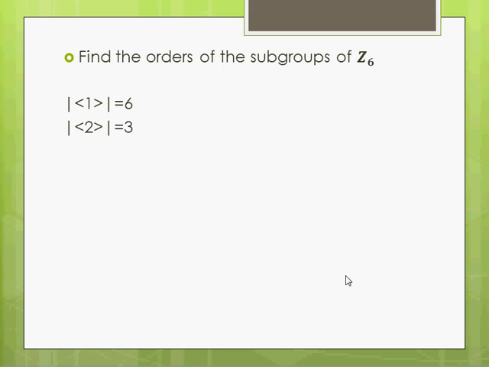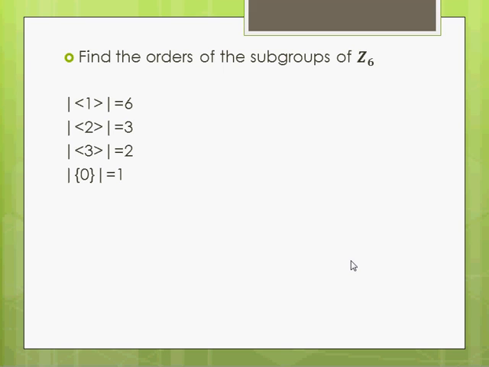That means order in modern algebra. So just remember that notation. And then our third subgroup is the group generated by 3. And that turns out to be just 0 and 3, which is 2 elements. So the order is 2. And the final one is the trivial cyclic subgroup, which is just 0, which is just 1 element.